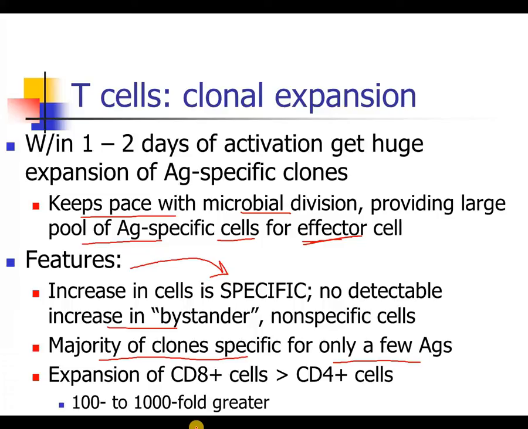The expansion, just to give you numbers, I'm not going to hold you to this. It's amazing, actually. Before infection, the frequency of CD8 positive cells for any specific antigen is on the order of 0.001 to 0.0001% of all the lymphocytes in circulation.